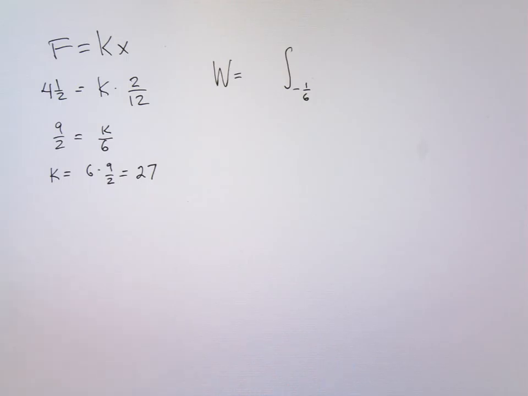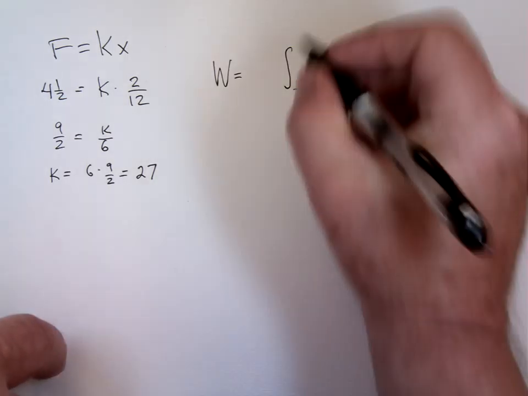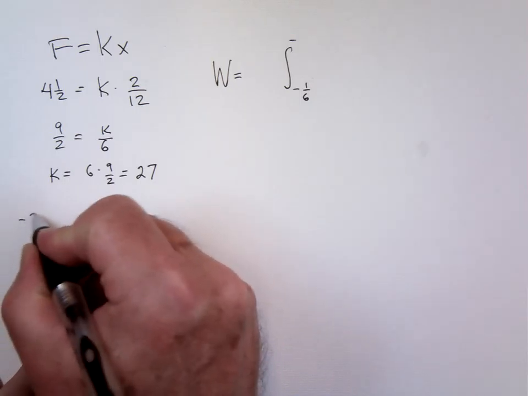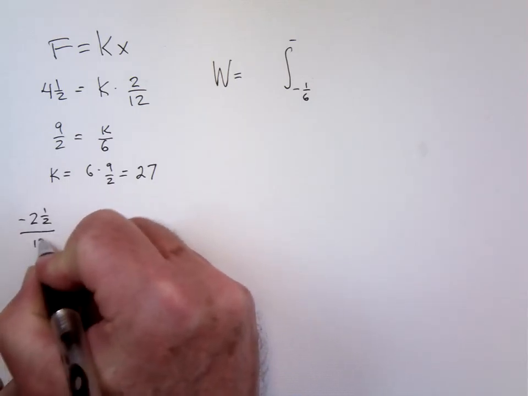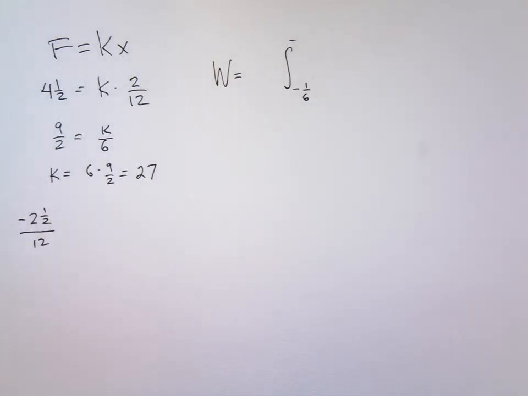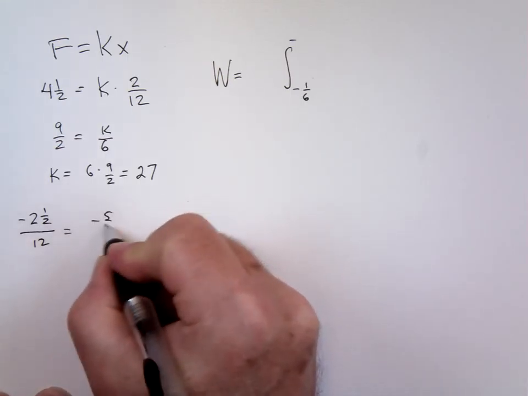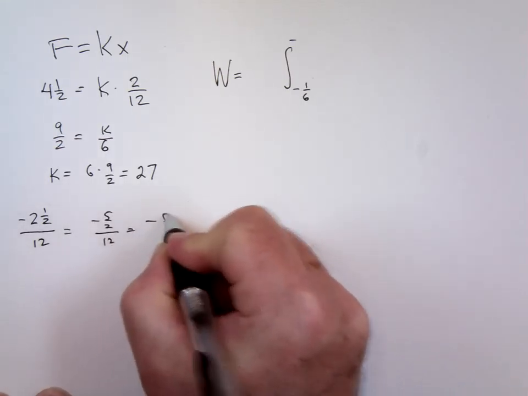So now we're 2.5 inches compressed. In 12ths, it goes from 2-inch compression to 2.5 inches of compression, an additional 1/2 inch. So this is a negative 5/2 over 12. This is a negative 5/24.